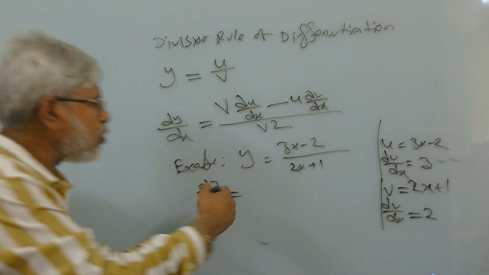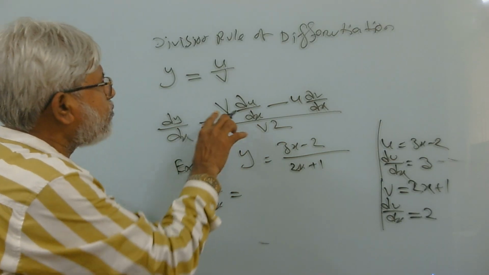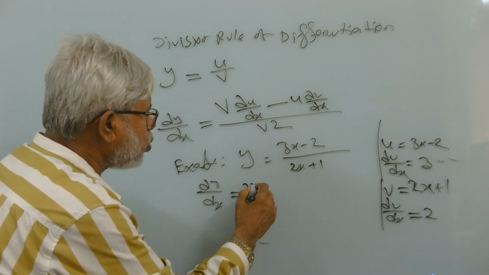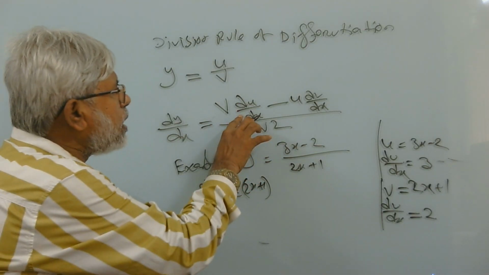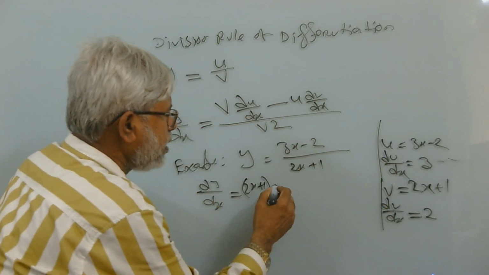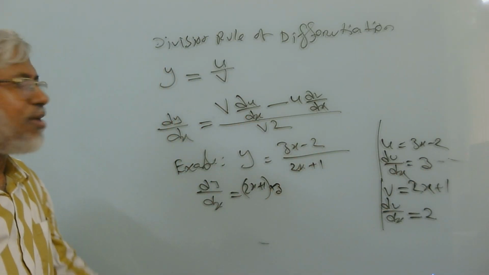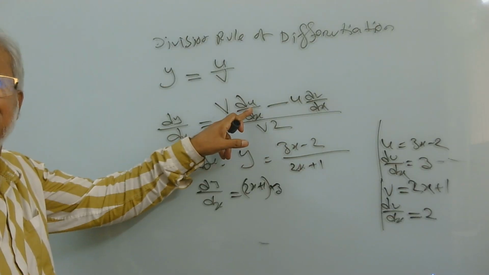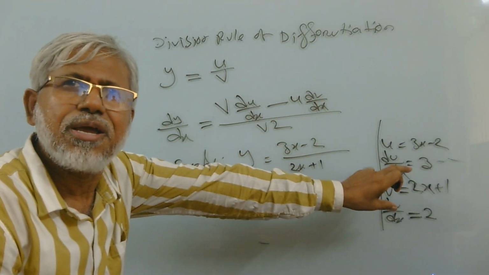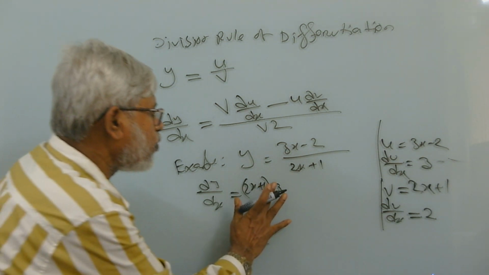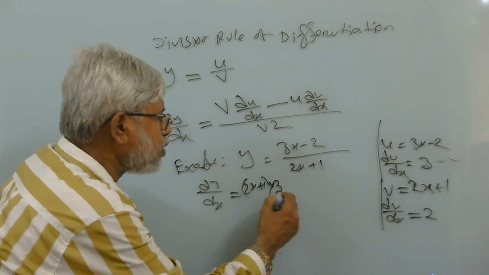তো dy by dx equals to v du by dx. V means twice x plus 1. V du by dx. What is du by dx? Into 3. Okay. V du by dx. What is the value of du by dx here, beta? 3. du by dx is 3. So v into 3.